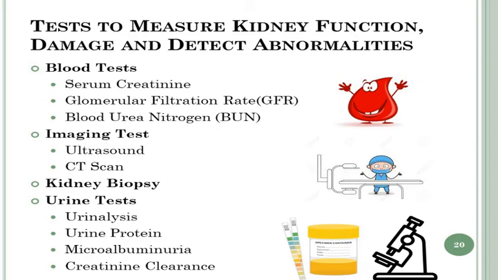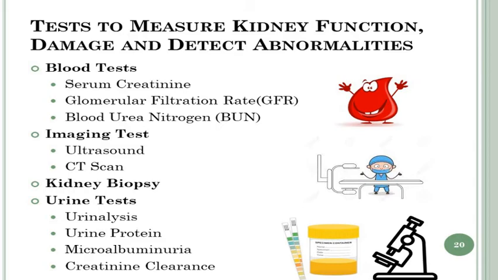Glomerular filtration rate, or GFR. This test is a measure of how well the kidneys are removing waste and excess fluid from the blood. This is calculated from the serum creatinine level using age and gender, with adjustment for those of African American descent. Normal GFR can vary according to age. The normal value of GFR is 90 or above.